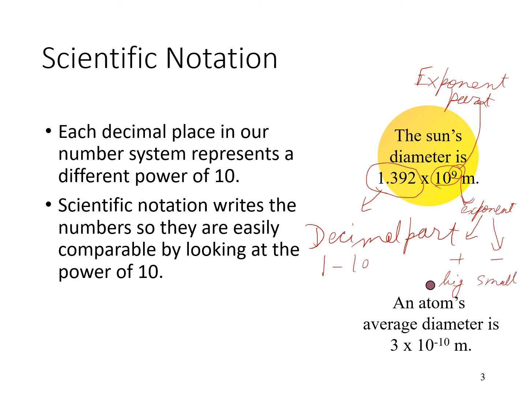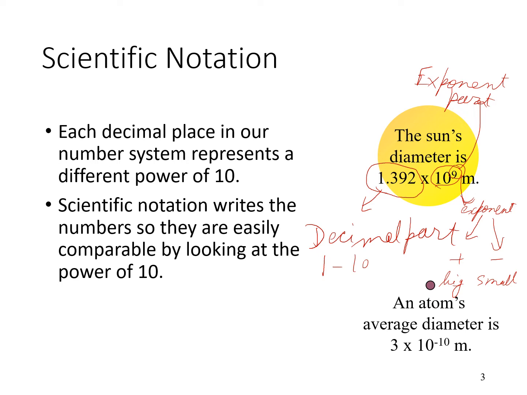What we did here is that 10 raised to power 9 means that we multiply this number 1.392 by 10 nine times. That means the number at the end is going to be a really big number. Similarly, the size of the atom is 3 times 10 raised to power minus 10, meaning we are dividing the number 3 by 10 multiplied by each other 10 times.